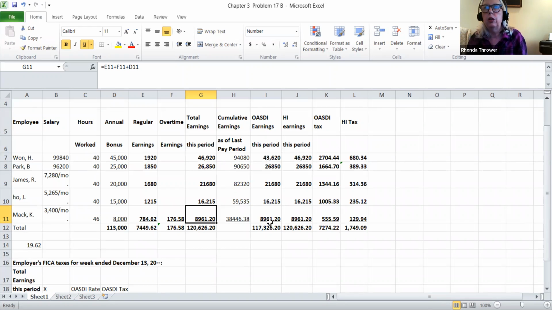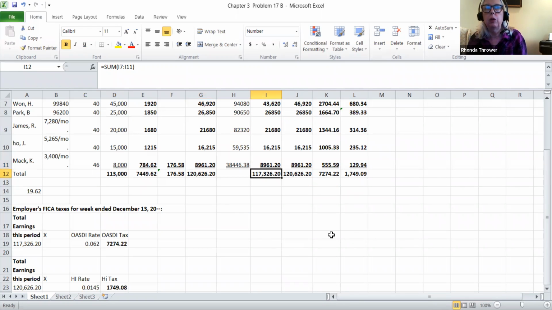The total earnings that were subject to OASDI taxes are $117,326.20. I'm going to multiply that by the OASDI rate of 6.2%, and that will give me the employer's share of taxes, which just happens to be the same amount as the employee's.